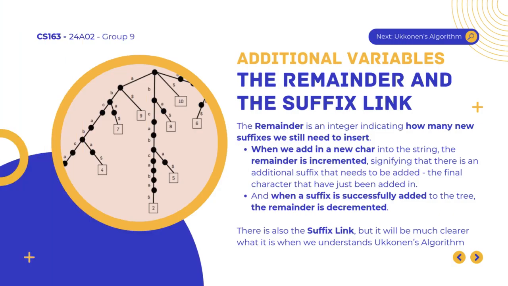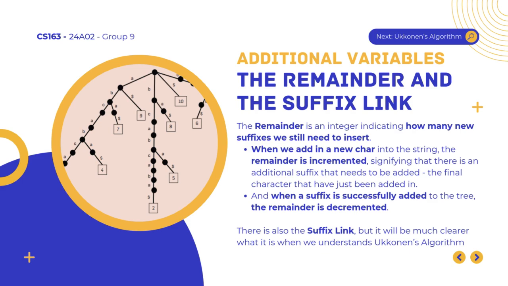Next is the remainder and the suffix length. The remainder is an integer indicating how many new suffixes we still need to insert. When we add a new character into a string, the remainder is incremented, which signifies that there is an additional suffix that needs to be added.